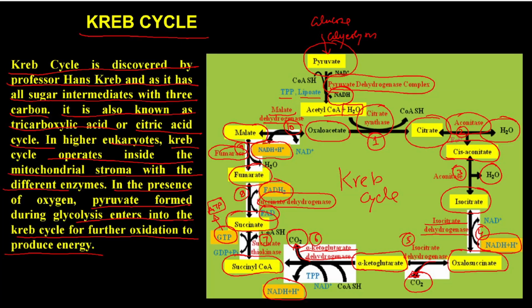So the pyruvate from glycolysis will enter the Krebs cycle with the help of the enzyme pyruvate dehydrogenase complex, and it will form what? Acetyl coenzyme A plus water. This acetyl coenzyme A, along with oxaloacetate, in the presence of citrate synthase will form the citrate molecule.